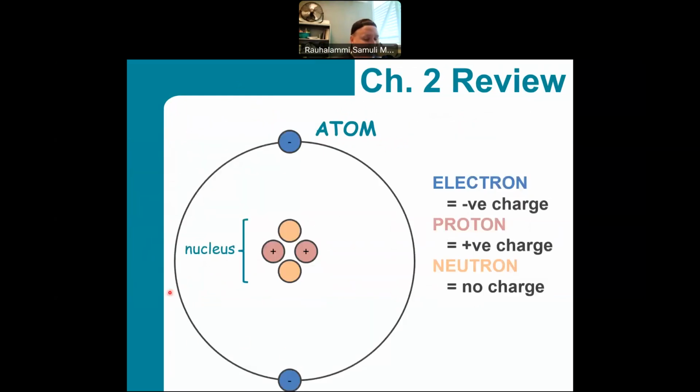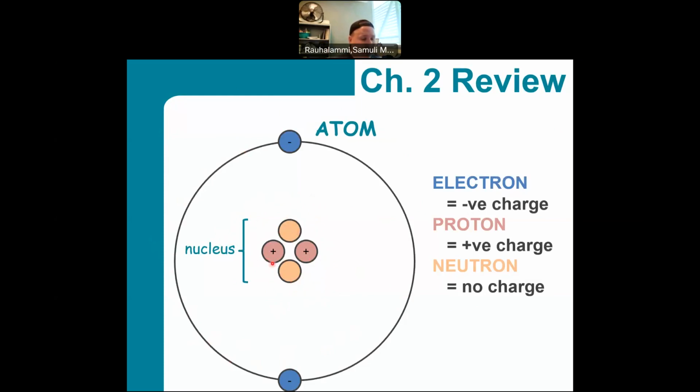You've probably seen diagrams like this a lot of the time. We have something known as the nucleus, the very center of an atom, which contains subatomic particles known as protons and neutrons. Protons carry a positive charge, whereas neutrons, as the name suggests, are neutral in terms of their electrical charge.